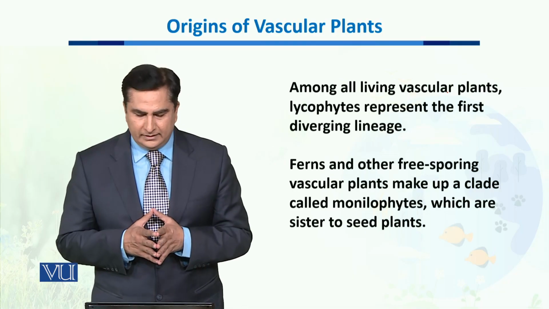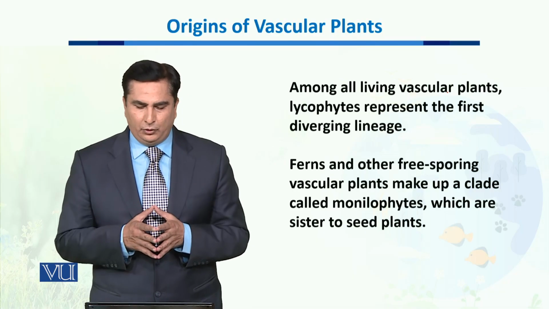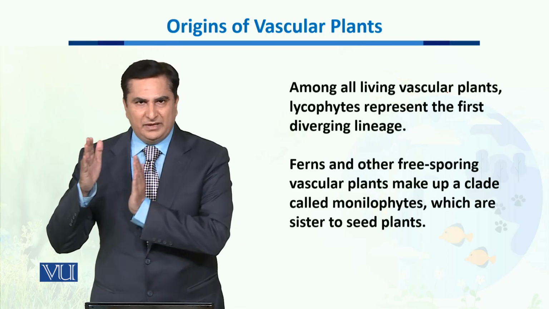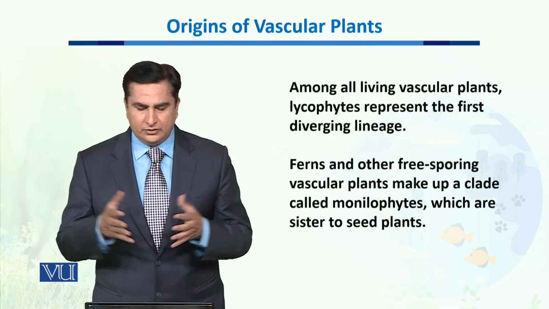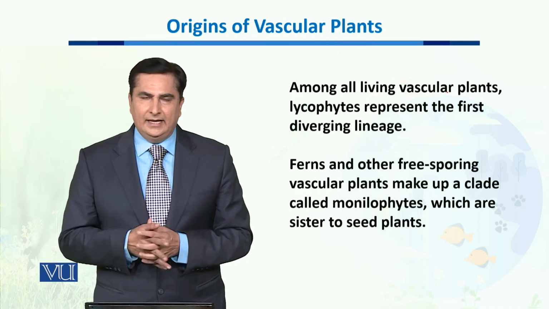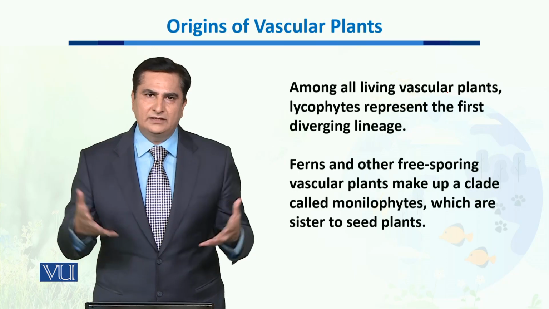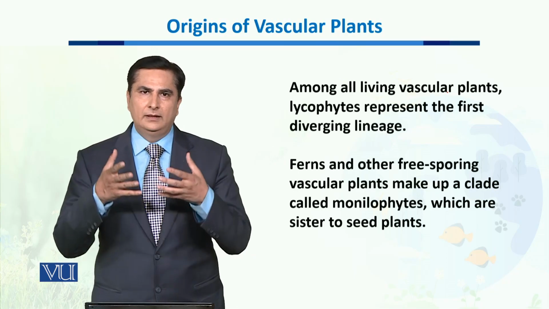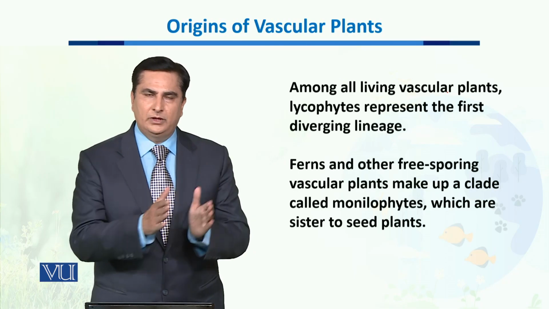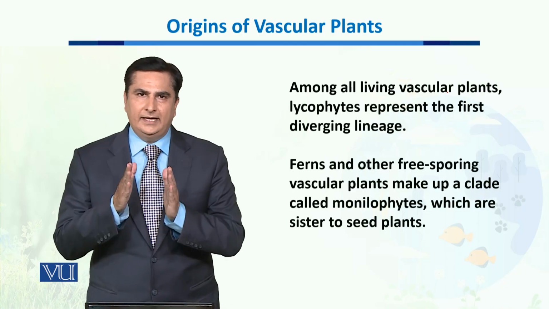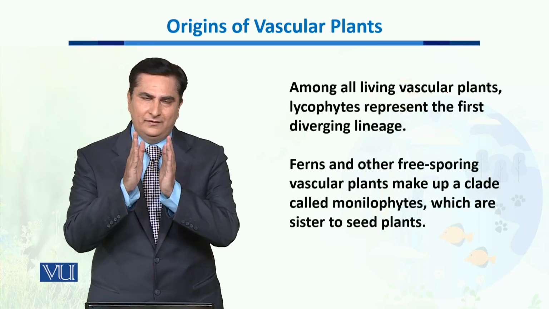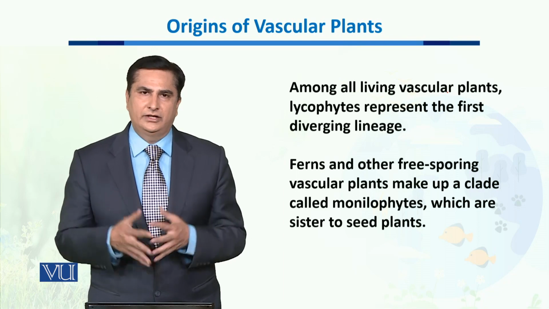The group that includes ferns and other free-sporing vascular plants makes up a separate clade. This is also called monilophytes, and they are the sisters of seed plants. So as a whole, the most successful plants, angiosperms and gymnosperms, were the most successful of the lineage of origin of plants.